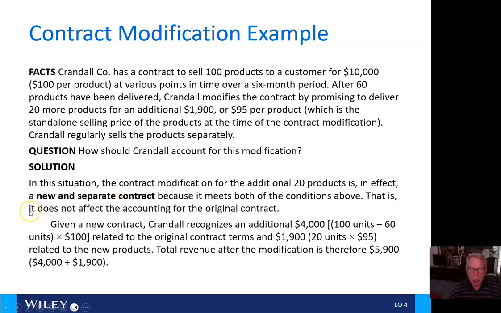That's 100 units less 60 units, times $100, related to the original contract terms, and then an additional $1,900 for 20 units at $95 related to the new products. Total revenue after the modification is therefore $5,900, representing $4,000 plus $1,900.